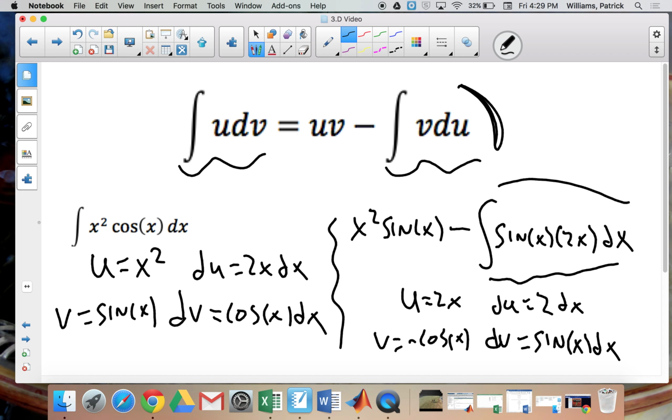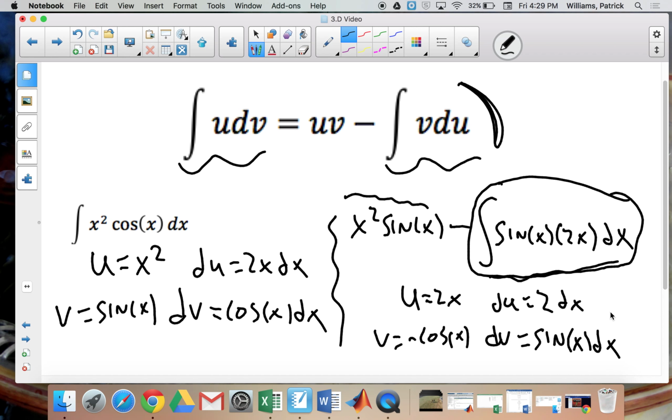So if we plug that into this formula here, remember, we are only solving for this integral right here. When we solve that integral, we've got to remember to add this little guy on the other side, because the x squared sine of x was fine. We have no problems with that.